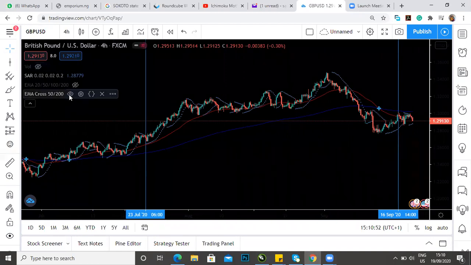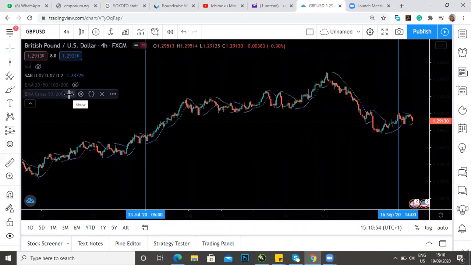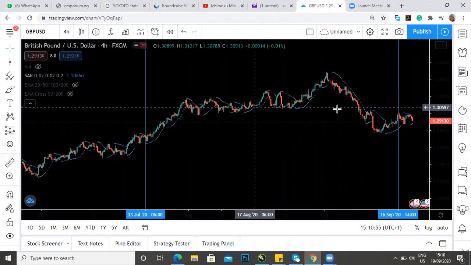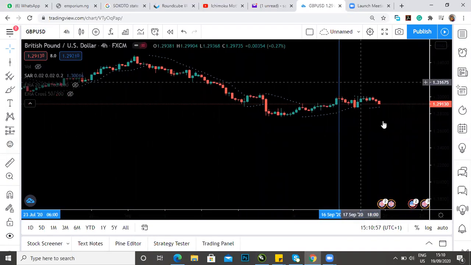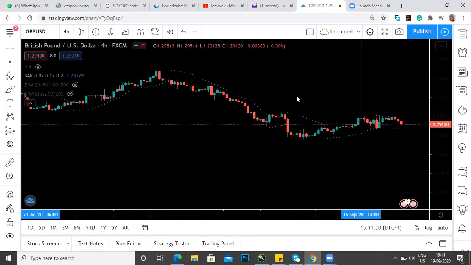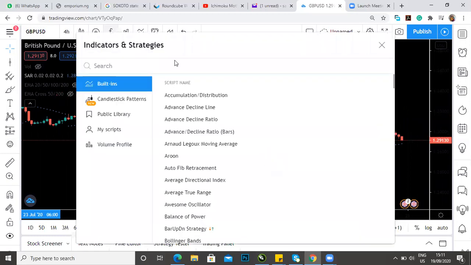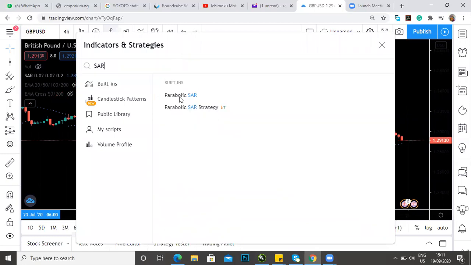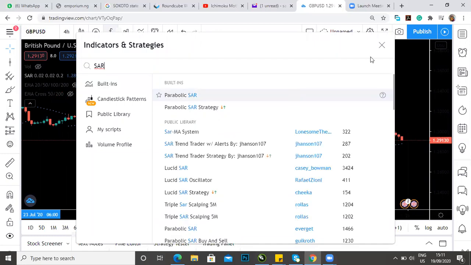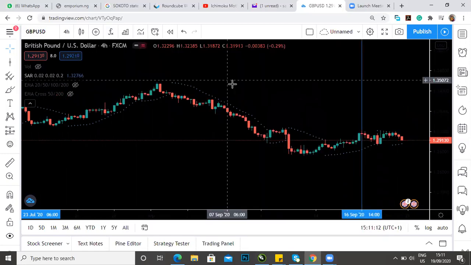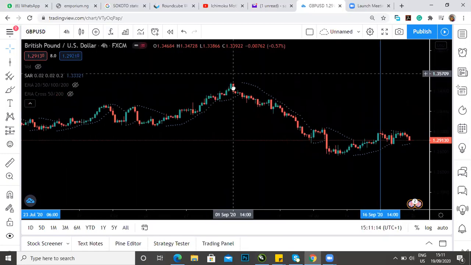And from my screen, when you search, you get these parabolic indicators, or you come to FX, search SAR. That is it, Parabolic SAR. That is what it's called. So once you click it, this is what comes to your screen.